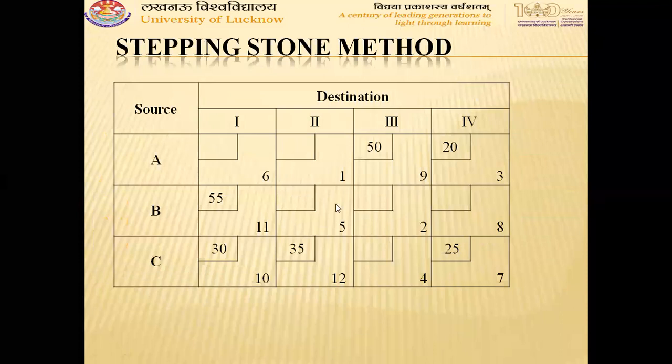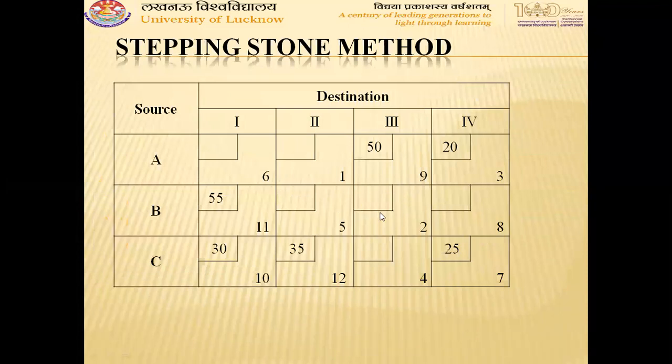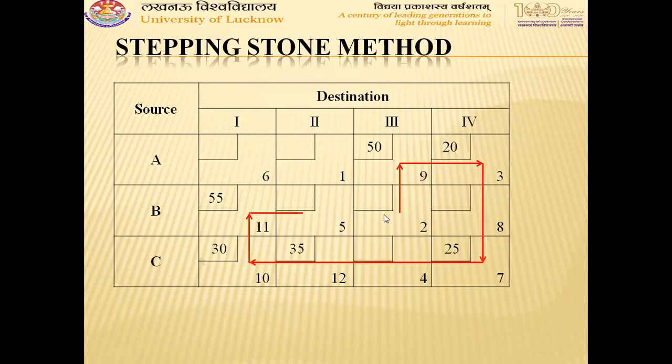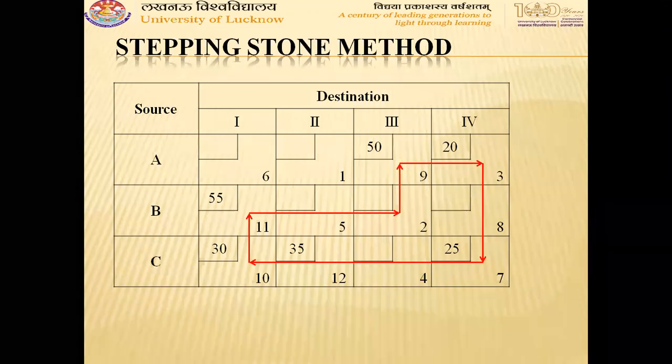Now cell 2,3 will enter the basis. How are the units shifted? The units are shifted in the manner of the following loop. Here we add some quantity, then subtract some quantity, in the same manner as we did in the modified distribution method, or MODI method.